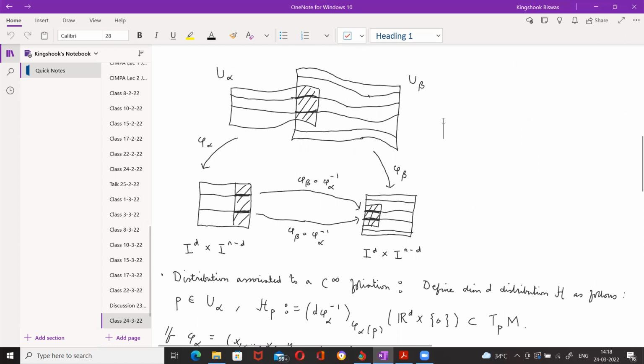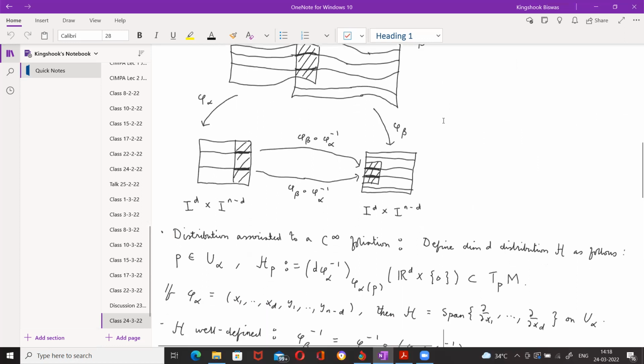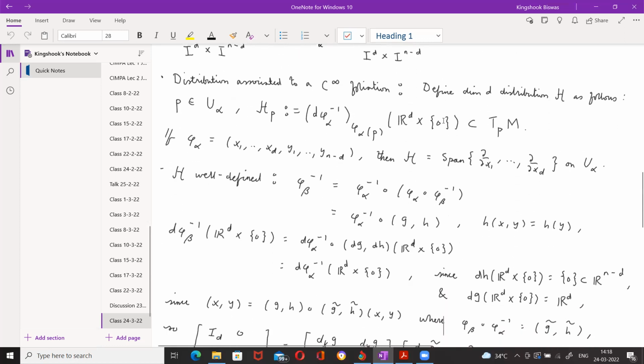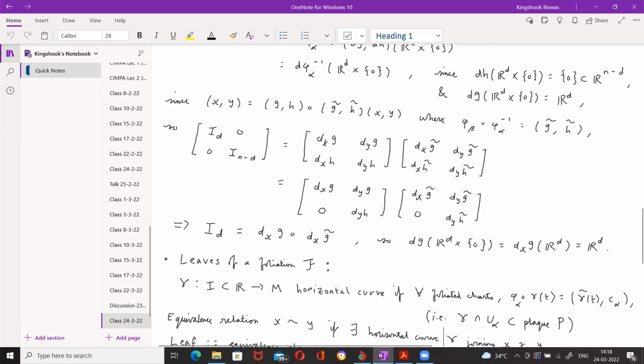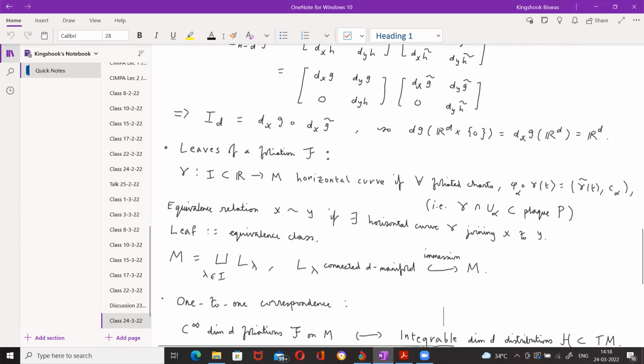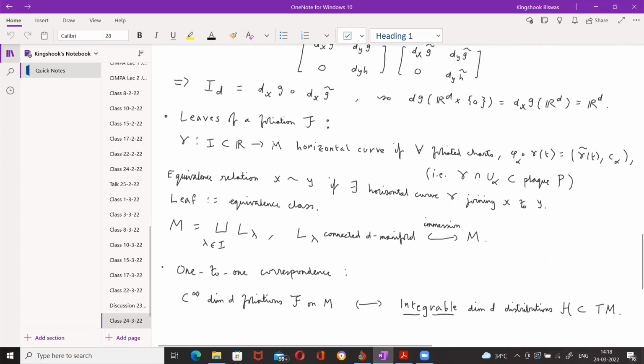So how can we get these leaves? One way is to use the following idea: you look at what are called horizontal curves in the manifold. So what is a horizontal curve? It's a curve such that in each foliated chart, it is contained in a plaque.